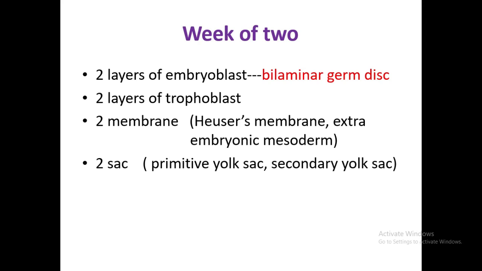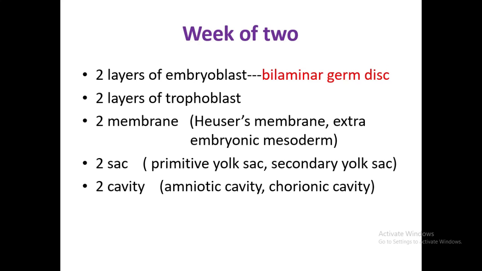Two membranes are formed here: one is Heuser's membrane, another is extraembryonic mesoderm. Two sacs are produced here, the primitive yolk sac and secondary yolk sac, and two cavities we have seen here: one is the amniotic cavity and another is the chorionic cavity. For all these structures, it is known as the week of 2.